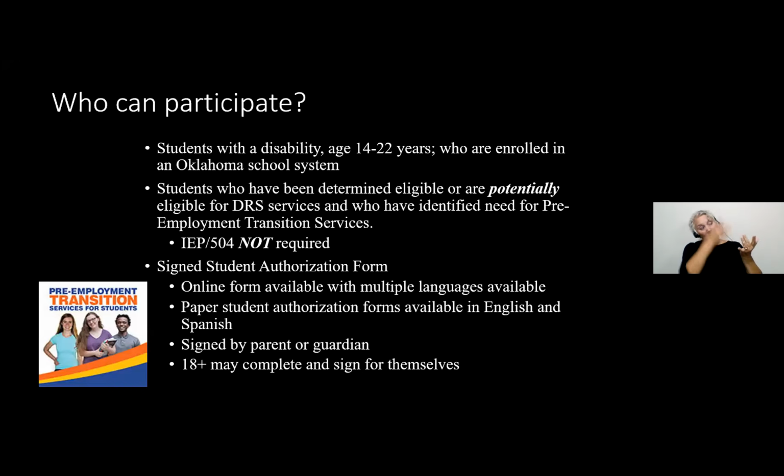Sometimes it's easier to say, here's the online link that you can use and go that way, especially if they have a language that might be a barrier. The paper forms are available in both English and Spanish at this time, and they need to be signed by a parent or guardian. If a student is 18 or over, they can complete their own and sign that for themselves.